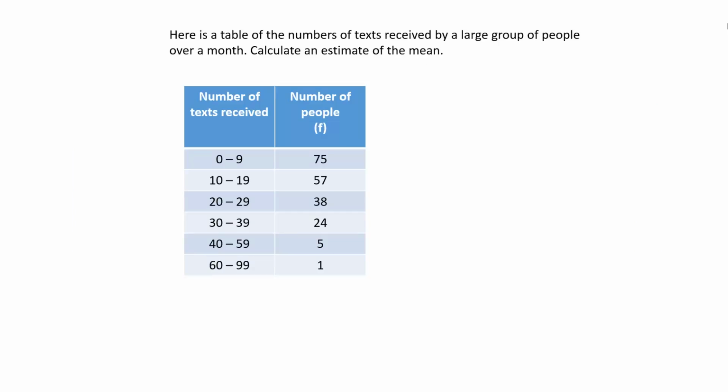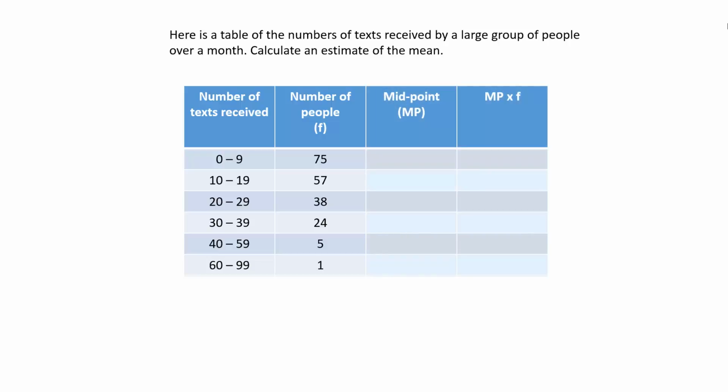Let's try another one. Number of texts received, 0 to 9, 10 to 19, etc., number of people. And we'll call the number of people F for frequency. Calculate an estimate of the mean. We need 2 extra columns, midpoint and midpoint times frequency. Now 0 to 9, 0 add 9 is 9, 9 divided by 2 is 4.5. 10 plus 19 is 29, 29 divided by 2 is 14.5.